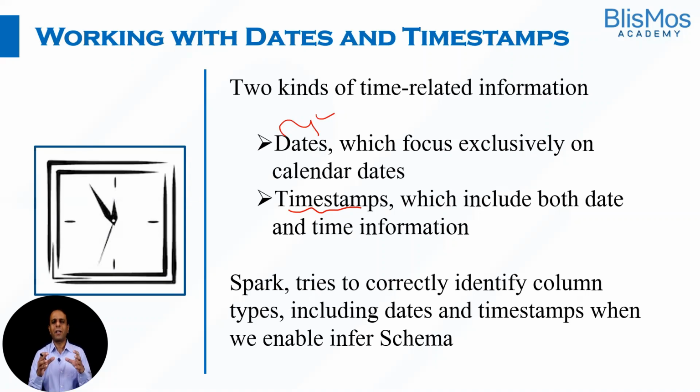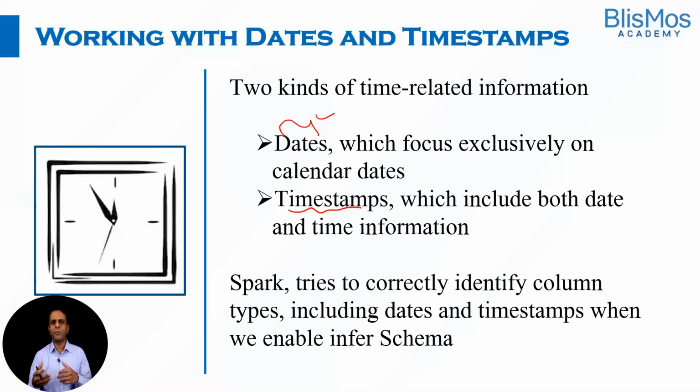Let us say you are trying to create a data frame by reading data from a file, either JSON or CSV or any of the raw data sources. You have multiple options. One of the options would be inferSchema.